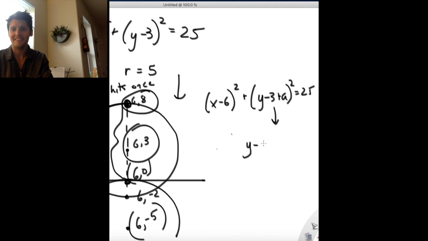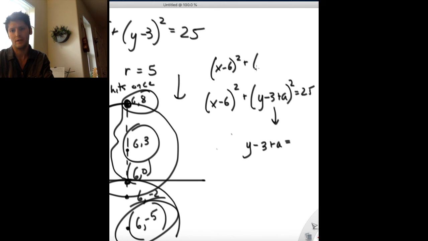Look, I already said that this center actually has to be this point. So the actual equation is x minus 6 squared plus y plus 5 squared equals 25.